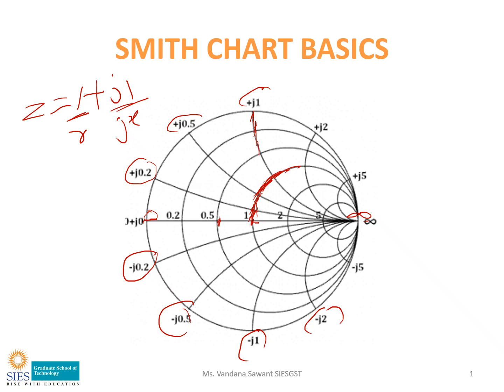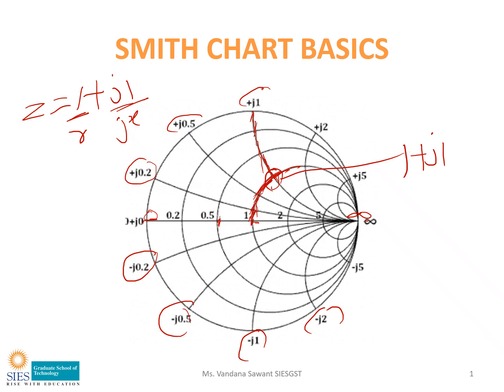On this circle we need to move in a downward direction. The intersecting point of this horizontal circle and the vertical circle will be equal to 1 plus j1.